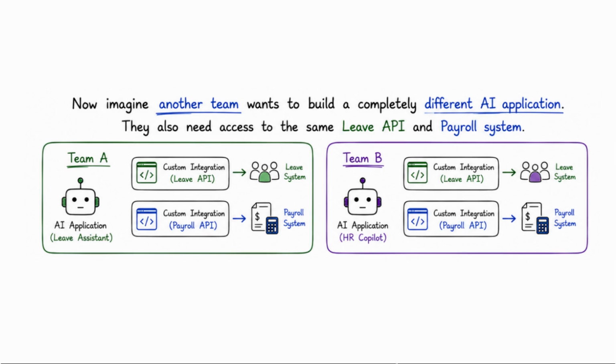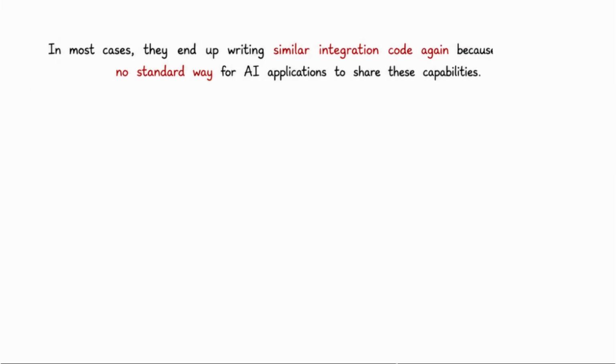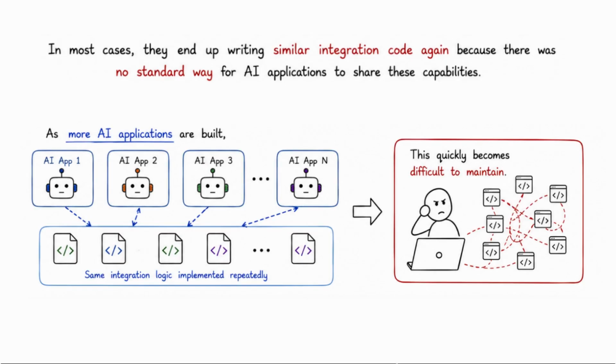They also need access to the same leave API and payroll system. In most cases, they end up writing similar integration code again because there was no standard way for AI applications to share these capabilities. As more AI applications are built, the same integration logic gets implemented repeatedly across different projects. This quickly becomes difficult to maintain.